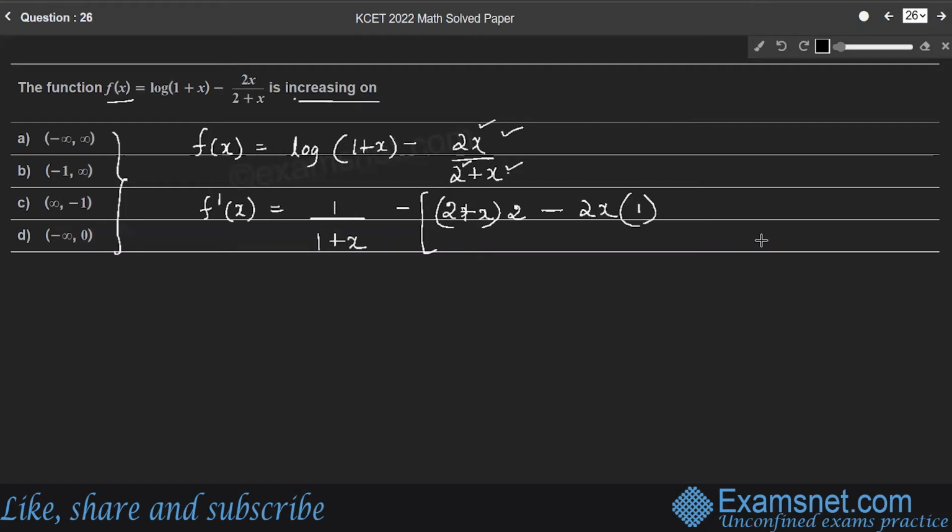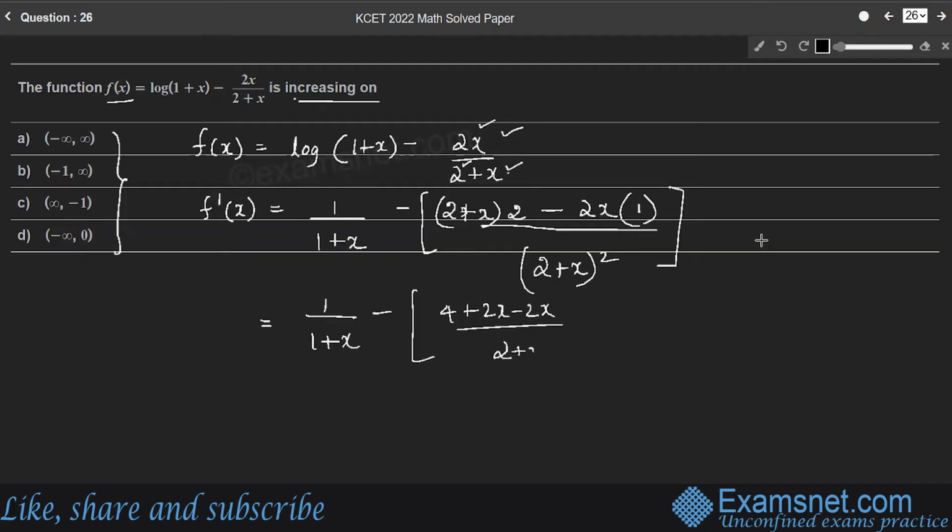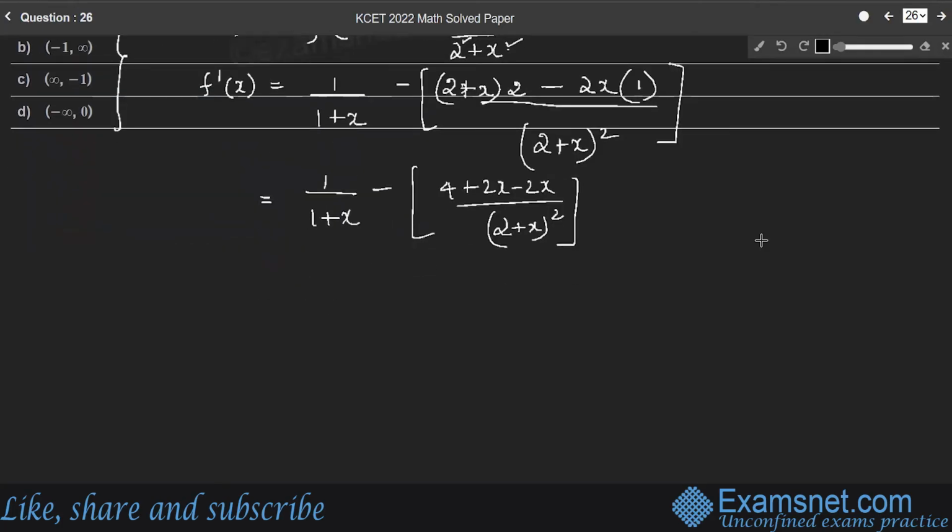Therefore, it is 2x into 1, divided by 2 plus x the whole square, the square of the denominator. Therefore, f dash x is 1 by 1 plus x minus, and the numerator becomes 4 plus 2x minus 2x, by 2 plus x the whole square. Therefore, it is 1 by 1 plus x minus 4 by 2 plus x the whole square.